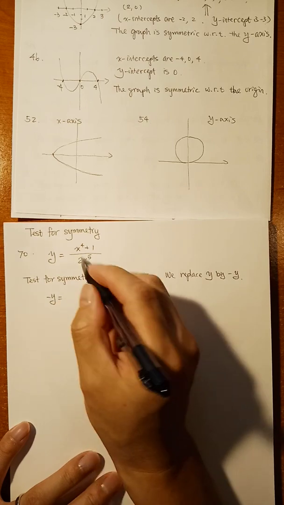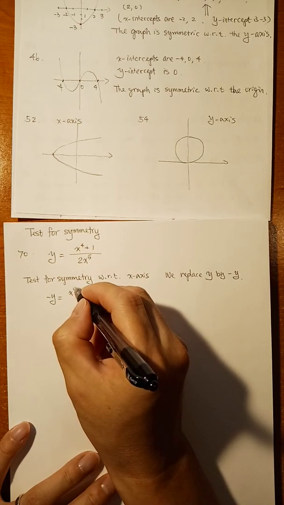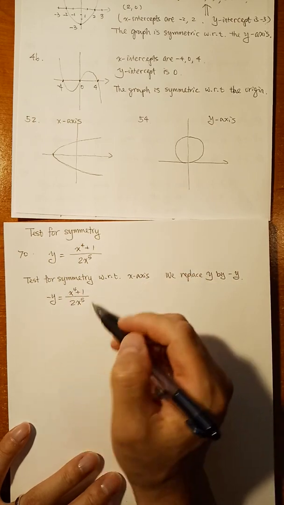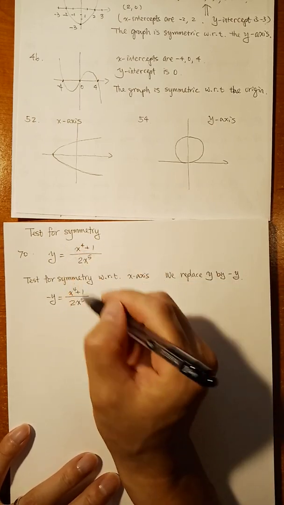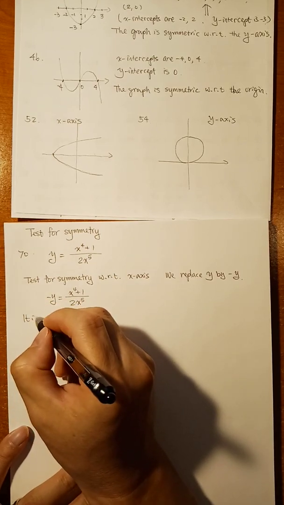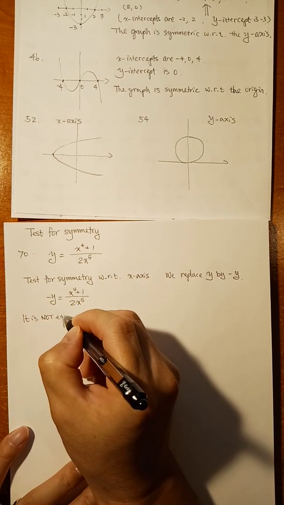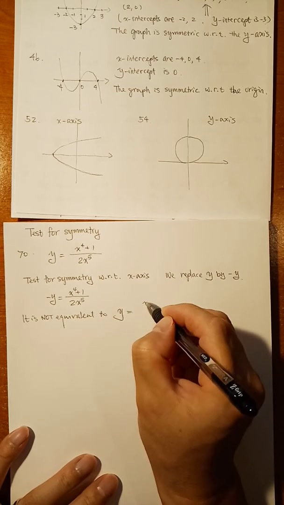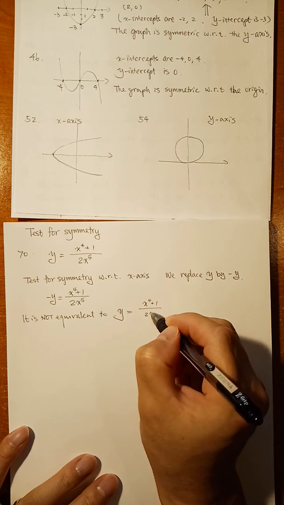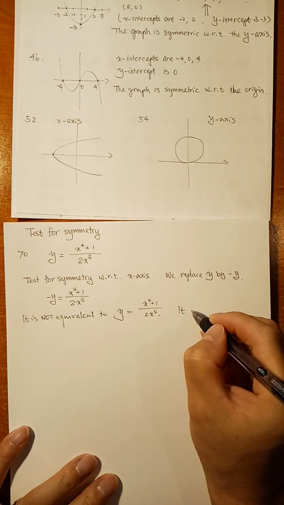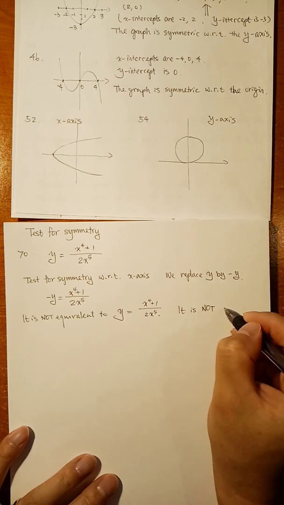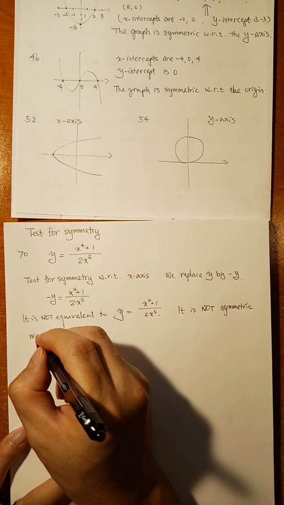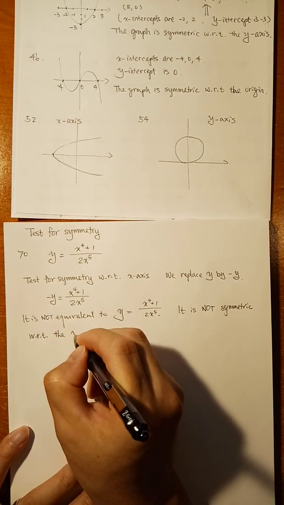Negative y is equal to x to the 4th plus 1 over 2 times x to the 5th. Well, there's nothing you can do, and it's different from the original one, so it is not equivalent to the original equation, so it's not symmetric with respect to the x-axis.